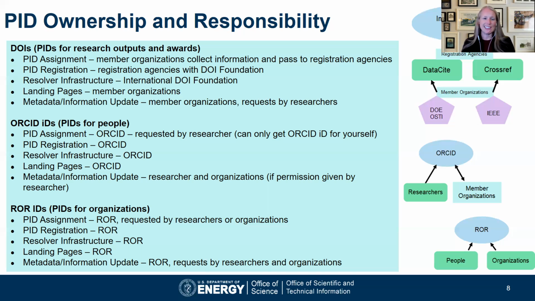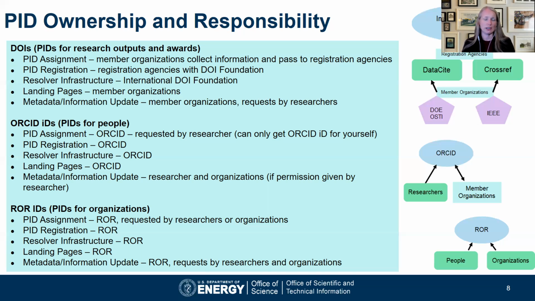Now, moving on to ORCID iDs, it becomes a little bit less complicated because ORCID itself maintains a lot of this ownership and responsibility. The actual persistent identifier assignment is done by ORCID, but only at the request of a researcher. So only the researcher themselves can request an ORCID iD. ORCID has responsibility for the registration of the ORCID identifier.